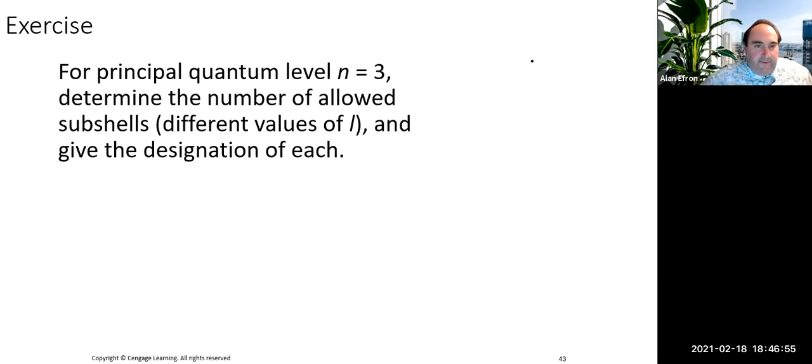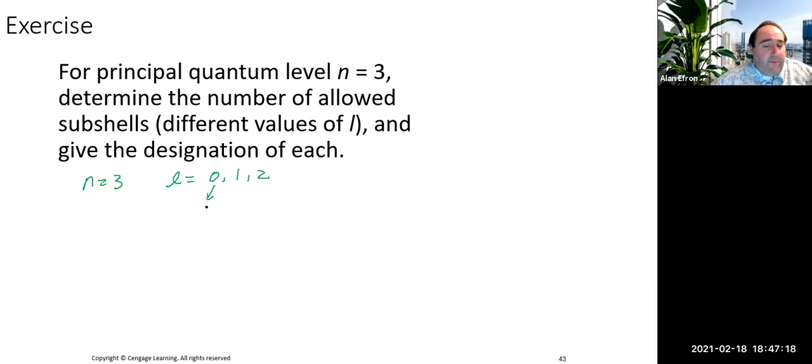So for n equals 3, determine the number of allowed subshells. I think we did this one already. Just to review, n equals 3 is the energy level, and from that we would have an L of 0, 1, or 2.